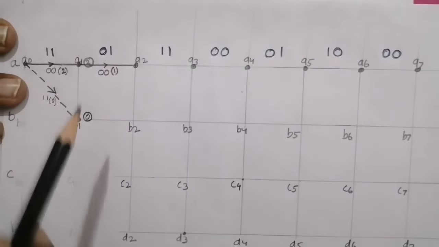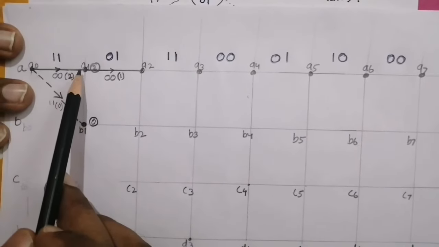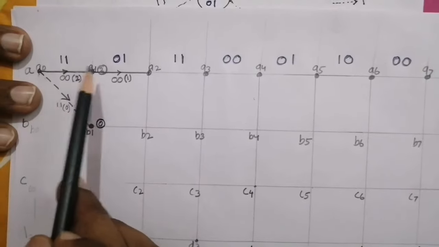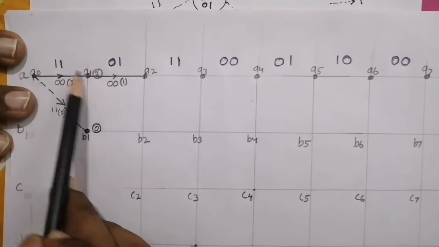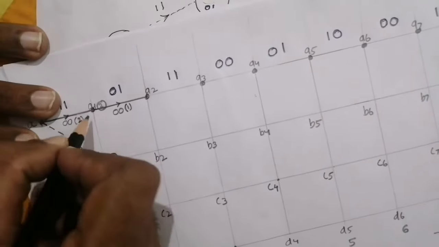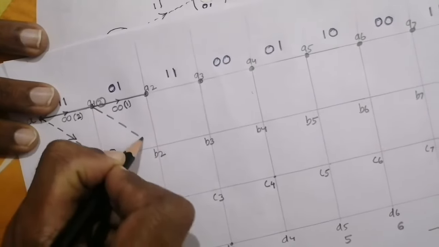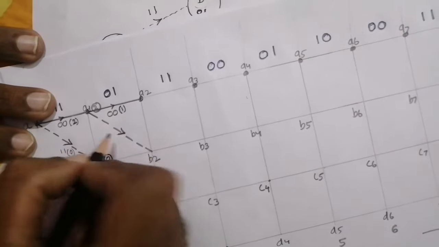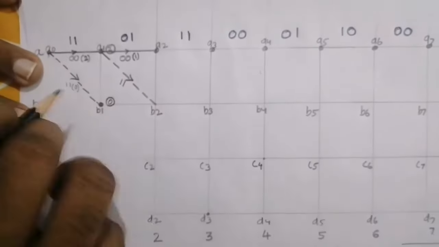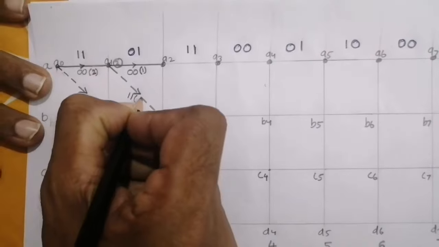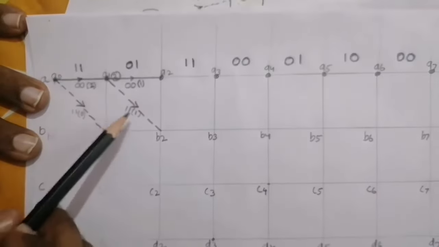Okay. Now at time t equal to 1, if the convolution encoder is at the state A, if 1 comes, the convolution encoder will go to state B2. Now B2, what is the output? Output is 1 1. So output should be written just below the arrow, and the discrepancy will be 1 only.